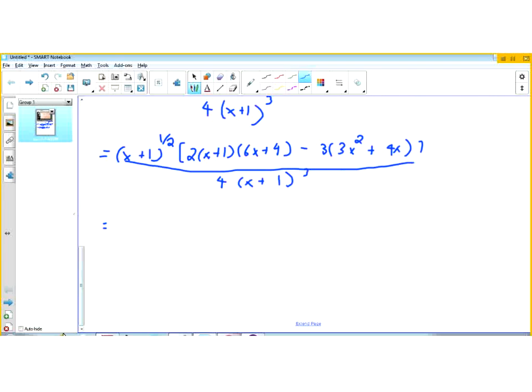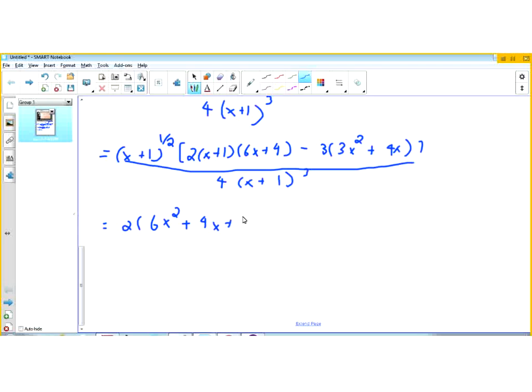Okay, and so we can send this term to the bottom, simplifying what's inside of brackets. We would have 2 times 6x squared. I'm using FOIL now.